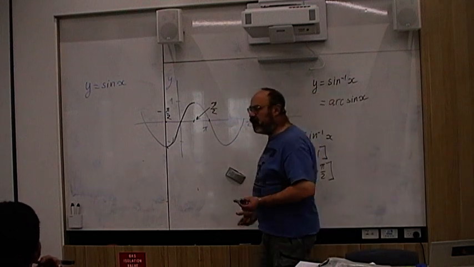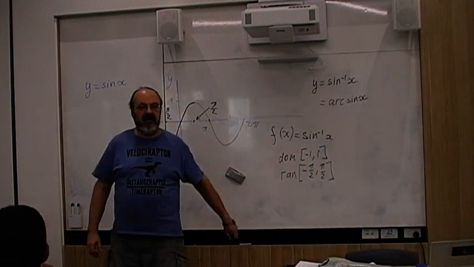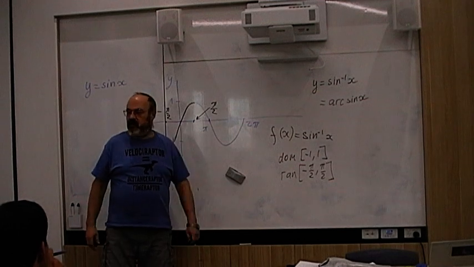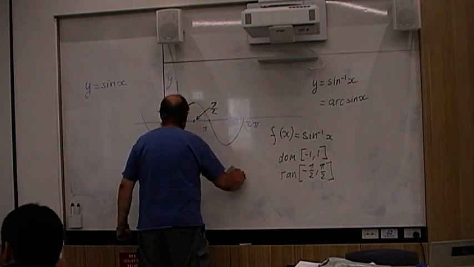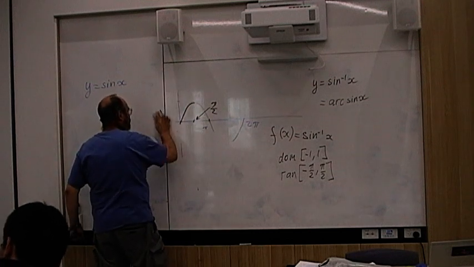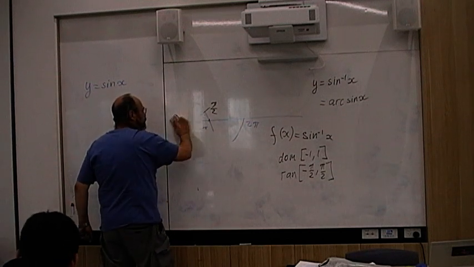And let's sketch the graph. What is the relationship between the graph of a function and its inverse? Reflection in the line y equals x.